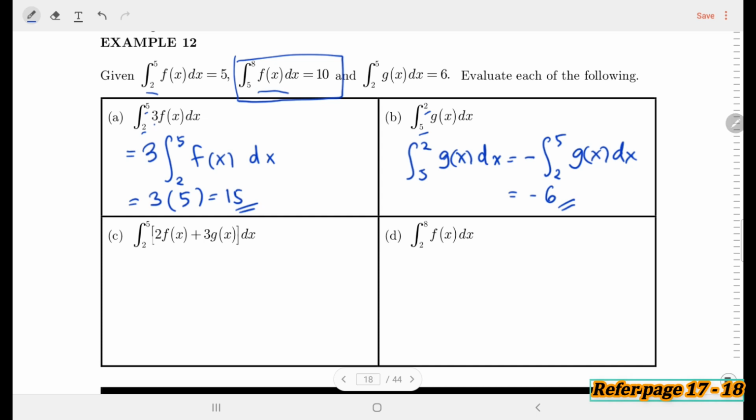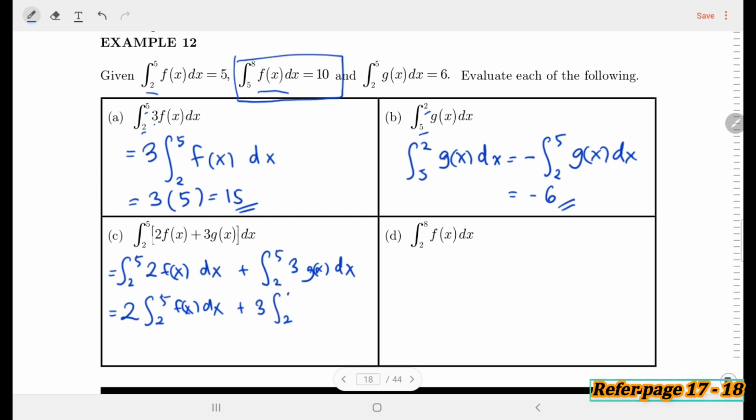We break them up into the integral from 2 to 5 of 2f(x) dx plus the integral from 2 to 5 of 3g(x) dx. As usual, take out the constants: 2 times the integral from 2 to 5 of f(x) dx plus 3 times the integral from 2 to 5 of g(x) dx. From the question, the first integral is 5 and the second is 6, so 10 plus 18 is 28.